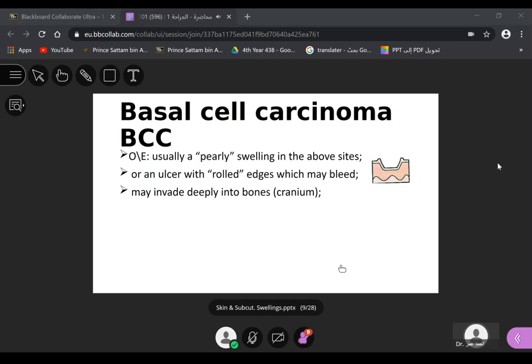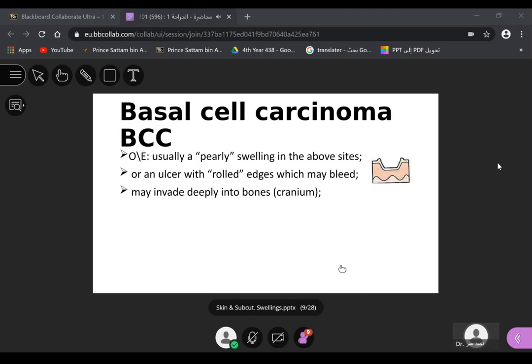we have a question now, in the OSCE, about the type of ulcer. If the basal cell carcinoma is ulcerated, which type of ulcer does it give rise to? Rolled ulcer. Yes, rolled. The typical edge in basal cell carcinoma is rolled, while everted is typical of squamous cell carcinoma.